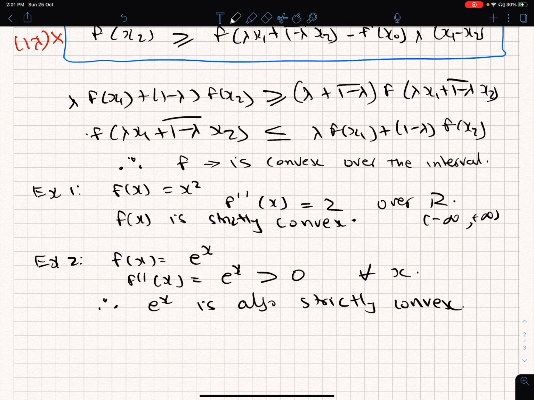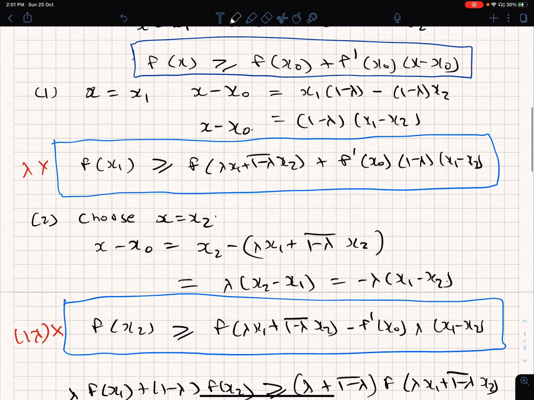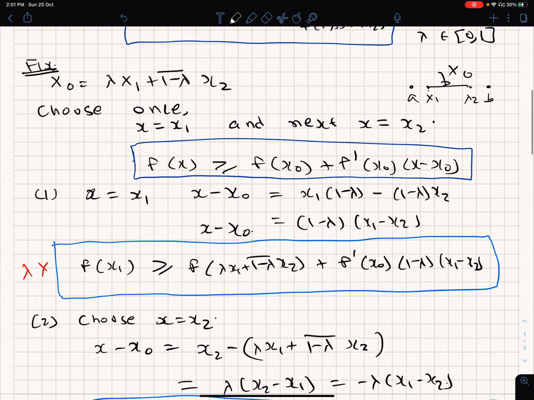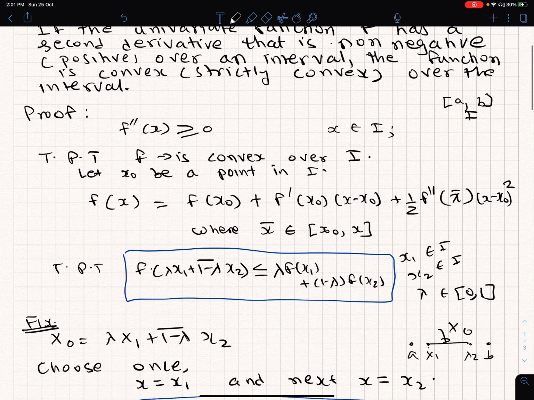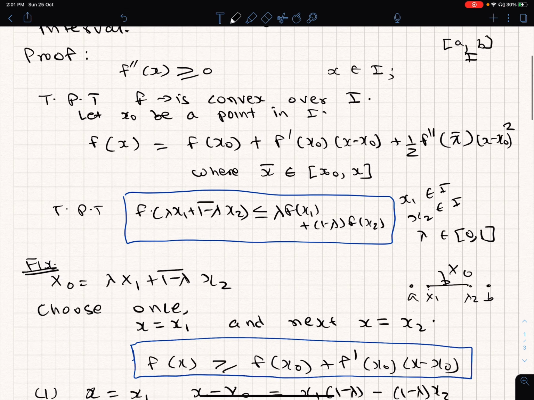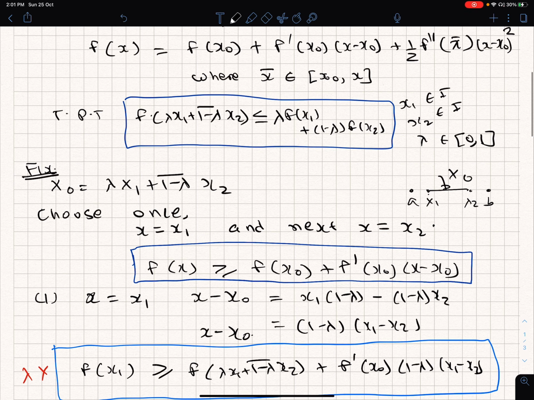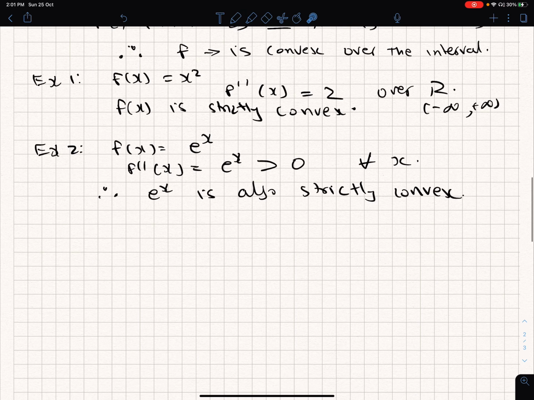By strict convexity, what do I mean? I mean that in the basic definition of convexity, where did I write the basic definition of convexity? Yeah, in the basic definition of convexity, this inequality is also strict. So that is all that I mean by this. So this is another nice, simple convex function.